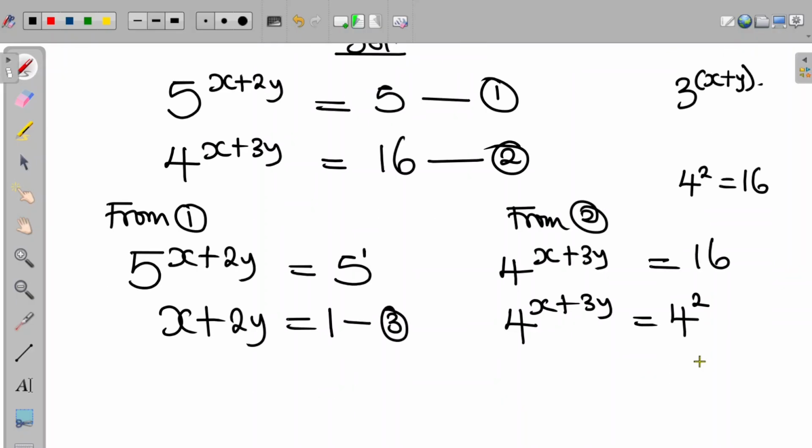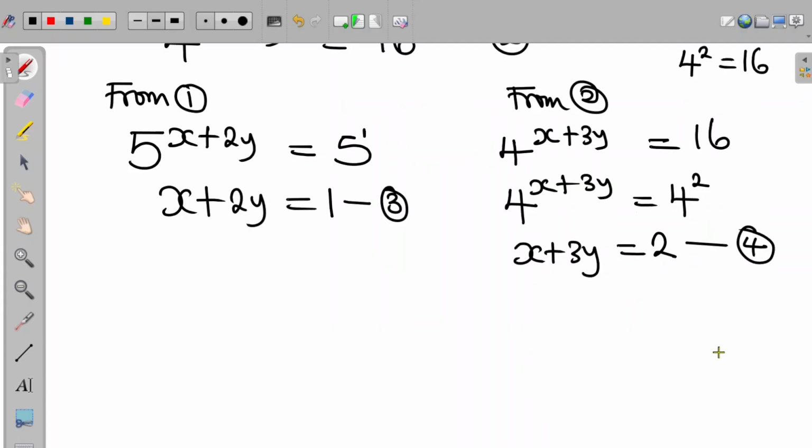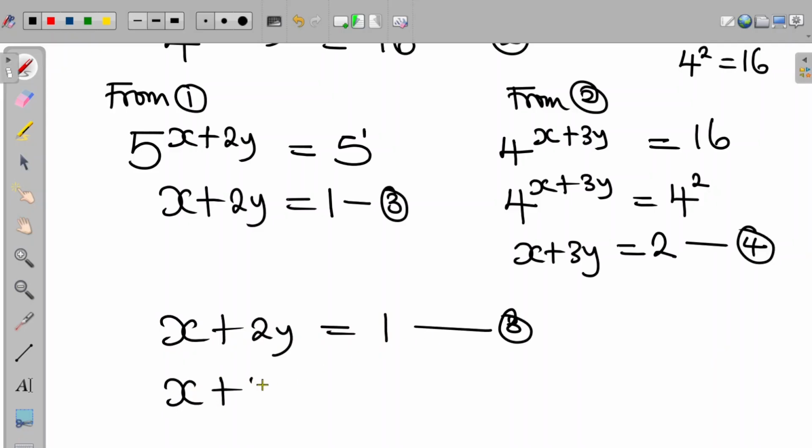So at this point, since their bases are the same, we have that x plus 3y is equal to 2. Let's call this equation 4. Thus, we have it that x plus 2y is equal to 1, and also x plus 3y is equal to 2.